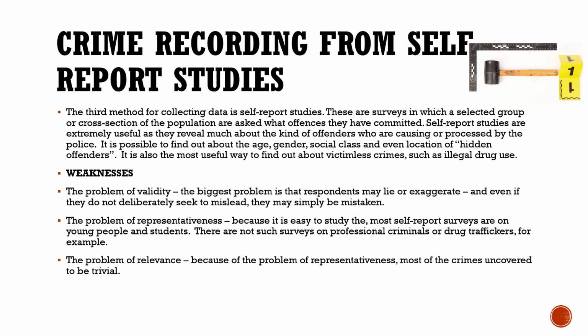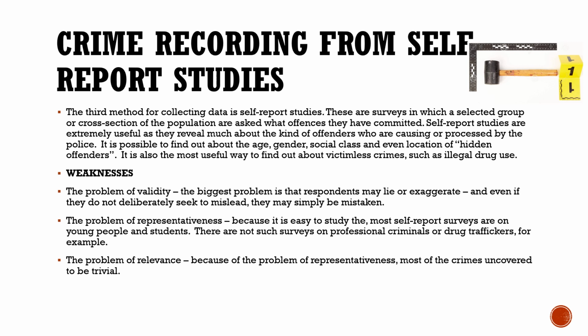Young people and students tend to be the most common participants for self-report studies on crime and deviance, predominantly because an awful lot of universities undertake social research, and these people are easy access. It's highly unlikely that you're going to get your hands on a drug trafficker, mafia boss or people smuggler. They're not as easy to access for self-report studies. So there are issues of representativeness.